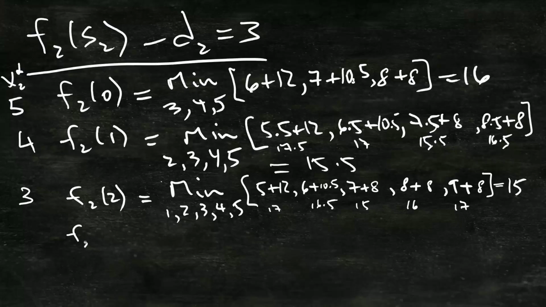Then we can produce 0, 1, 2, 3, 4. Yeah, that's it. Because we'll have 4 plus 3 is 7, minus 3 is 4. So if we produce 0, it'll just be 1.5 for the inventory.